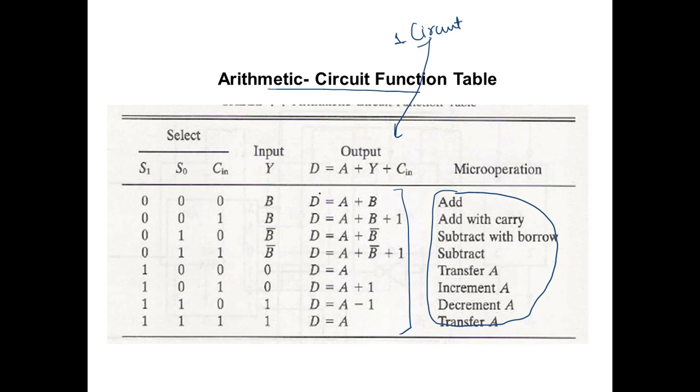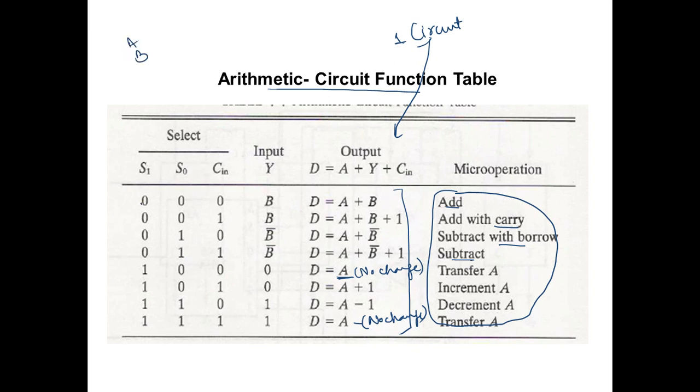So what is the operation here? Either I want to perform only addition or addition with carry, subtraction with borrow, subtraction only. I simply want to transfer the data. Remember I said no change can also be part of an arithmetic circuit. Same here also I am getting a no change. Just because I have to provide all the values, in this case we are only having two input variables.